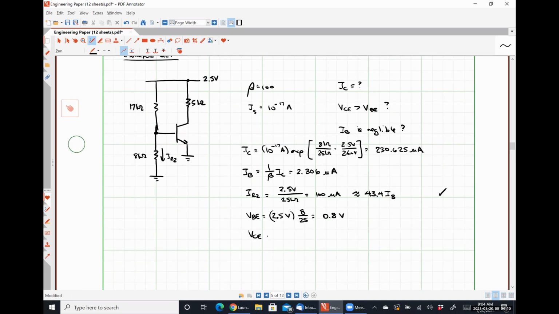And VCE is VCC minus RC IC, so that's 2.5 minus 5,000 times 230.625 microamps, gives us a voltage of 1.347. So VCE is larger than VBE, so we are indeed operating in the forward active region. Okay.